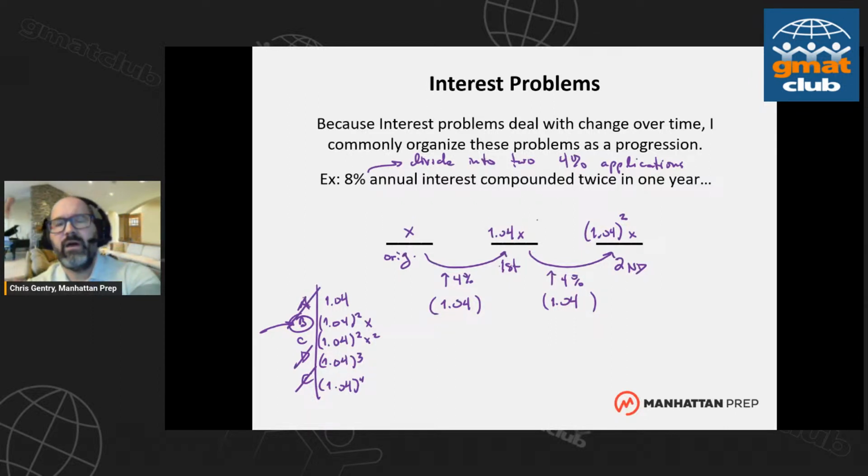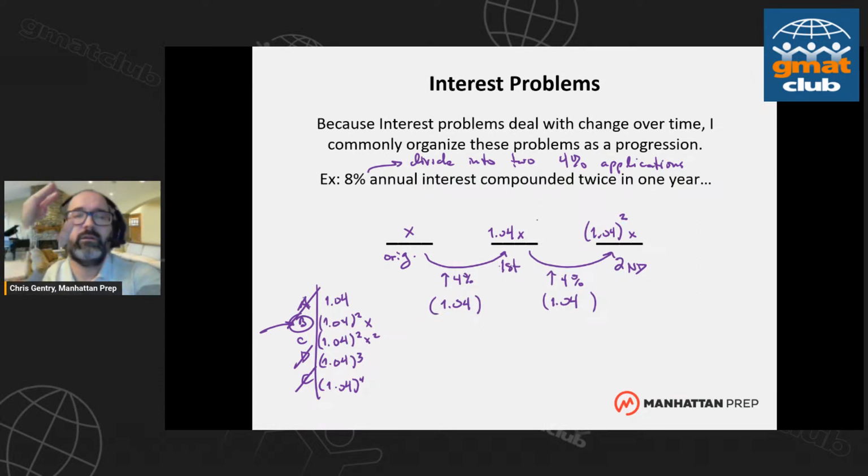Really, mathematically, the difference between simple interest and compound interest is the difference between addition and multiplication. Simple interest, you find out your interest, and then you just add that same interest every single time. So, for example, if you had $100 with 4% simple interest, you would add $4 every single time, plus 4, plus 4, plus 4, plus 4.